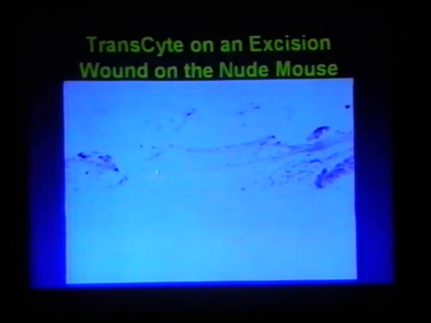So that, I hope you can see this. This is a piece of Transite on a mouse. You may be able to see the nylon scaffold in some of these places. This is the mouse here, and the Transite is this material here, and going through here is a cleavage plane.